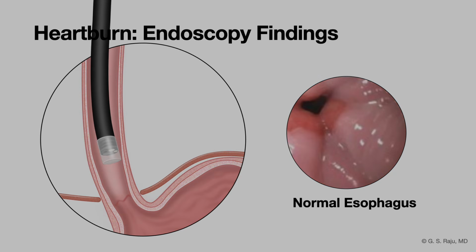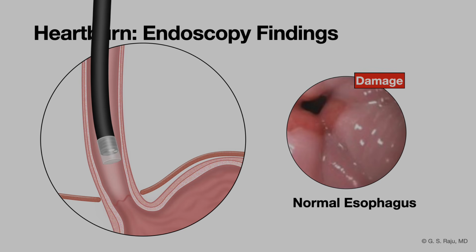Next is you identify whether there is damage to the esophagus from the acid. So when there is damage to the squamous lining by acid coming up into the esophagus from the stomach, it causes erosive esophagitis.